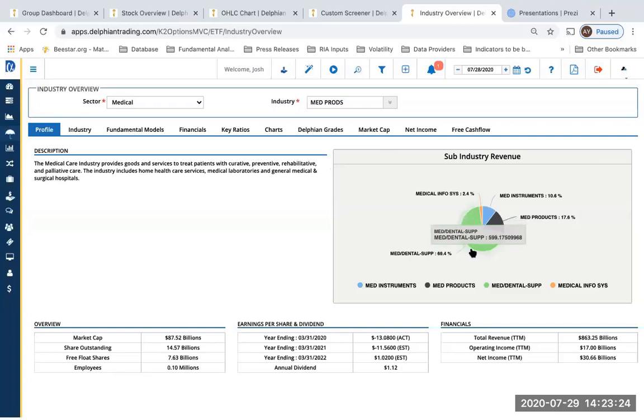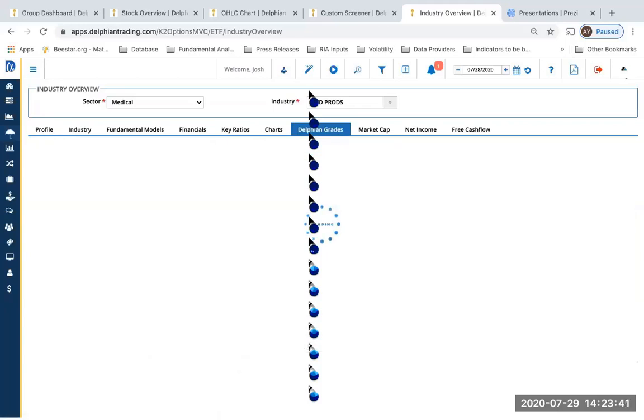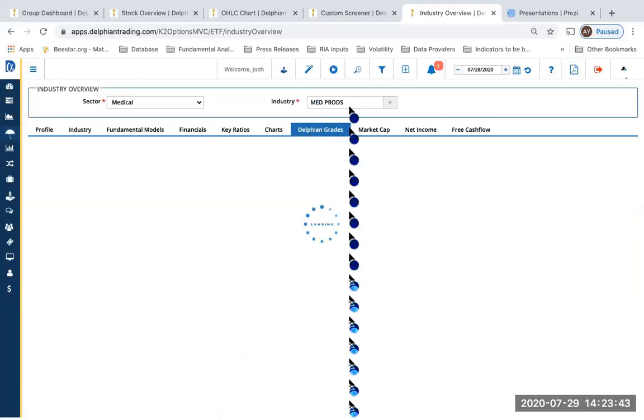So you can see how many sub-industries this has: four sub-industries, and the proportion is more on the medical and dental supplies industry. Like 70% of the revenue in these companies is coming from that. So if you come to these Delphian grades here, you can see the grades for all the companies in that particular industry.